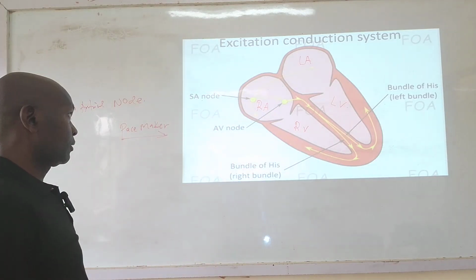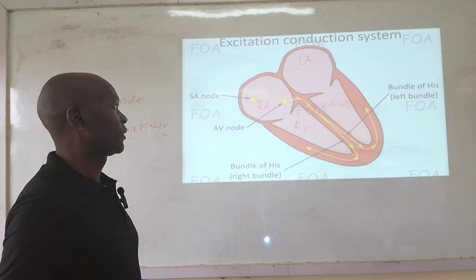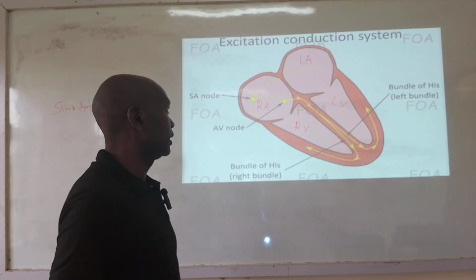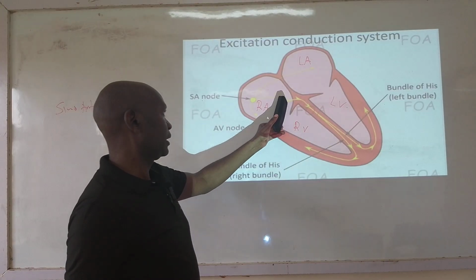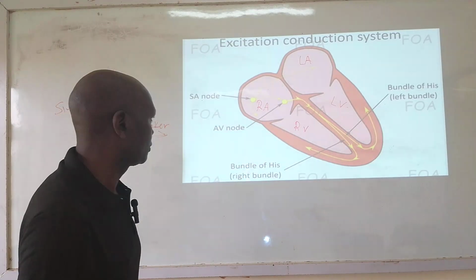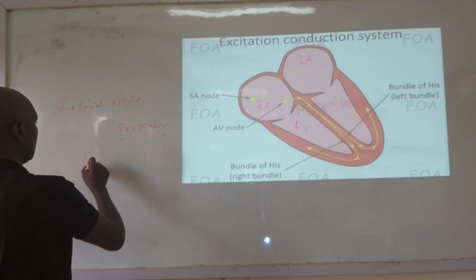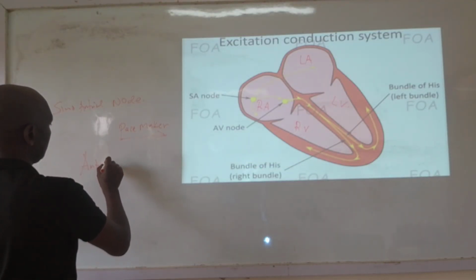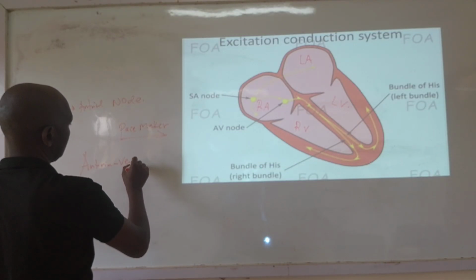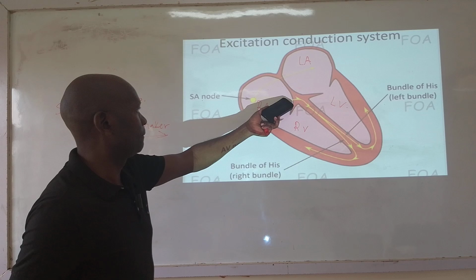So our electrical signals will originate at the SA node. Then it will go to the left atrium. Then other signals will come to this point, what we call the AV node, atrioventricular node.